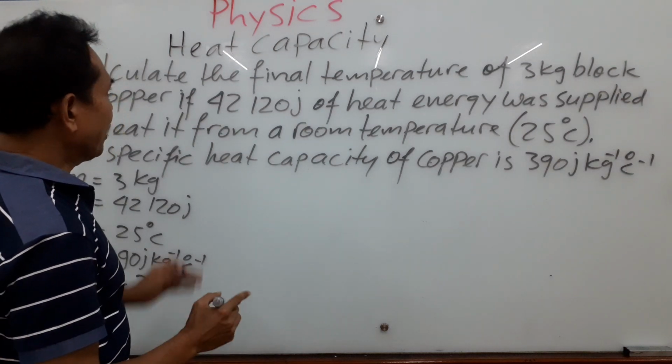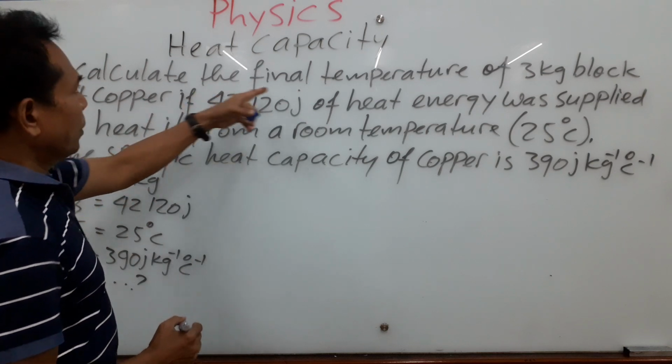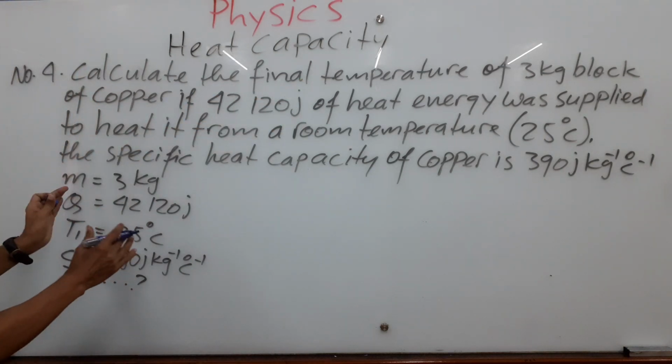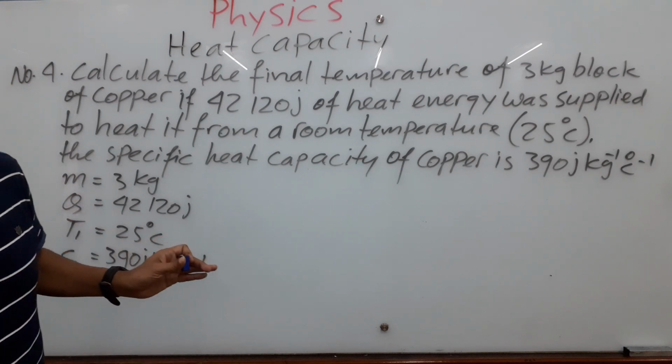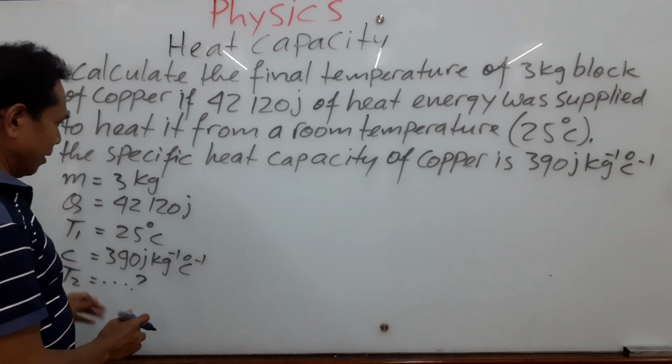All right. Now we want to find the final temperature, or T2, it's here, okay? We have written down all what we know. We use this to find this T2.